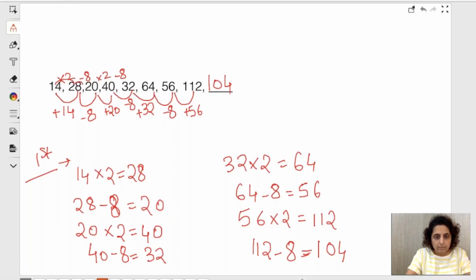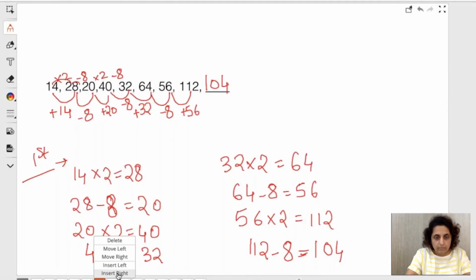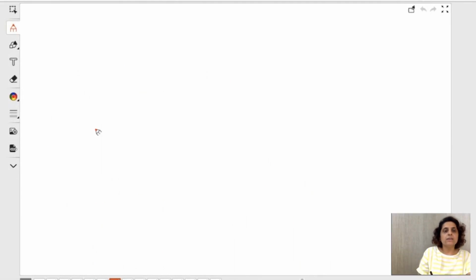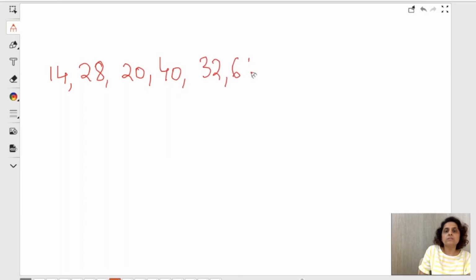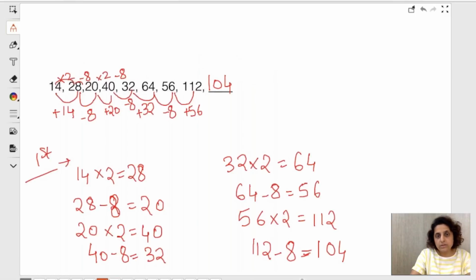Let's just go to a new page and let me tell you how to solve this same series again. The first term was 14, then 28, then we got 20, then 40, then 32, then 64. Then 56, 112.